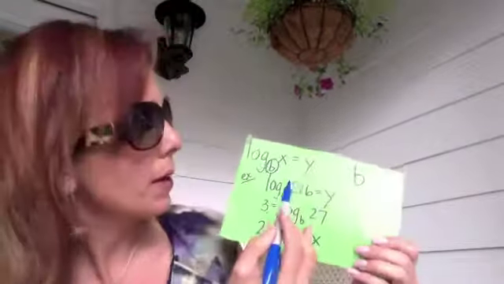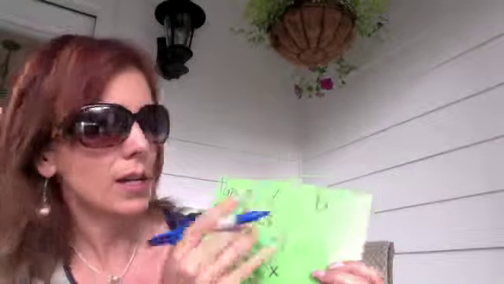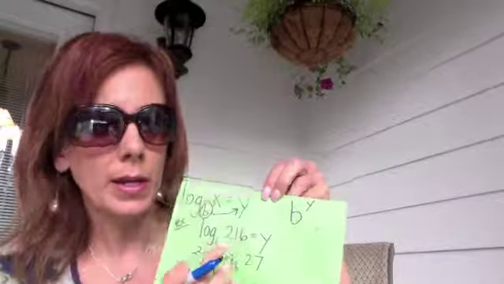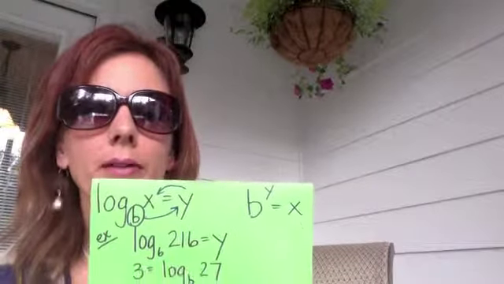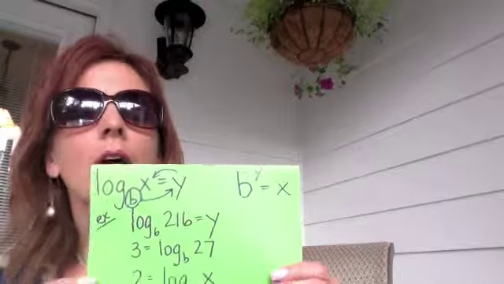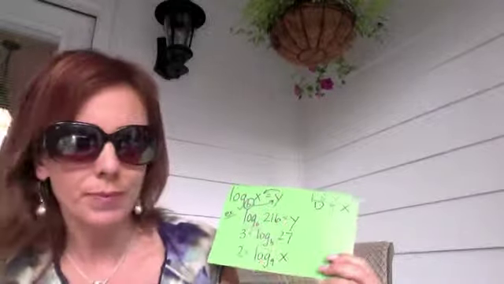Here we're starting with b, and we cross the equal sign: b raised to the y power. Start with the base, raise it to the y power, come back over the equal sign, is equal to x. So here we go: b raised to the y power is equal to x. Now we're going to take these equations and do the same thing.